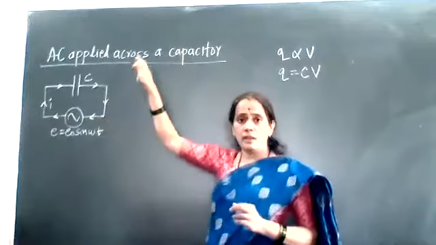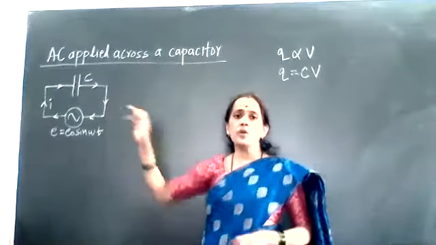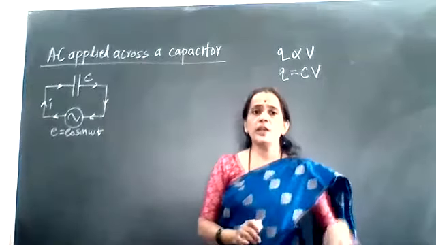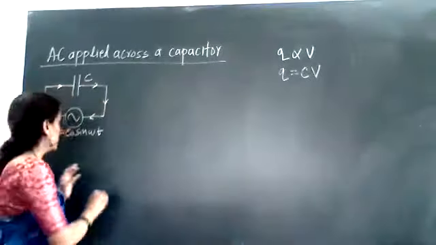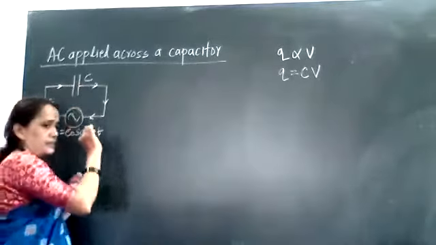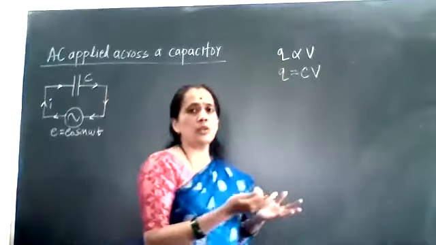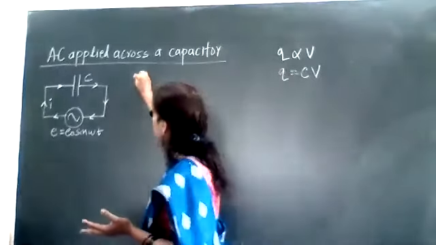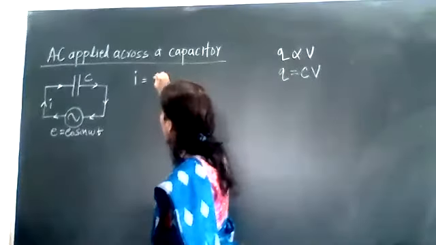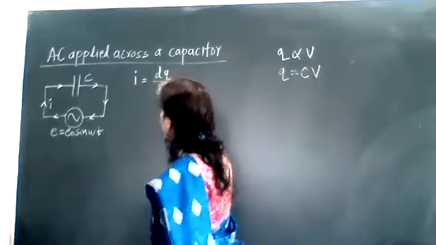Now when across the capacitor your AC is applied, it will send the current, that is nothing but the alternating current, and this alternating current will charge your capacitor. Clear? So that alternating current I can write down as dq by dt.